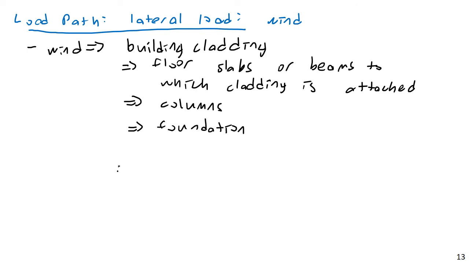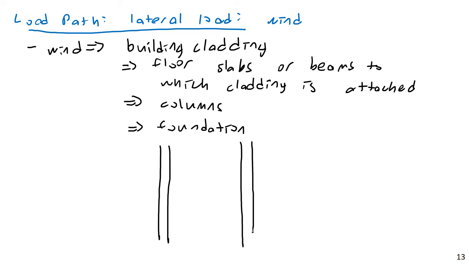So I can draw this out. Now we're going to look at a building. Instead of looking at it in plan view, we're going to look at it in elevation view. So let's say you have your columns here, a series of columns. Maybe the ground is here.